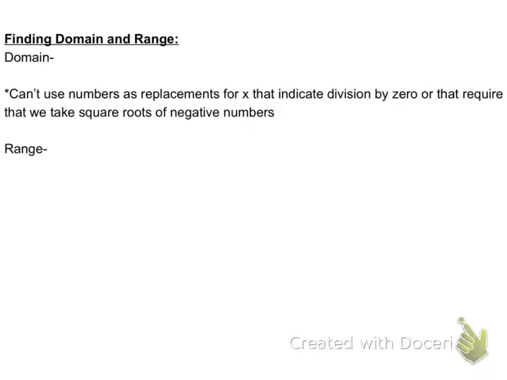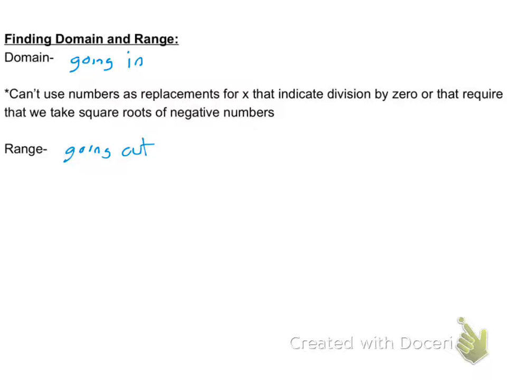Now we're going to talk about finding the domain and range. The domain, again, I said, was the independent variable, or the ones that you put into functions. The range are the ones going or coming out of functions.